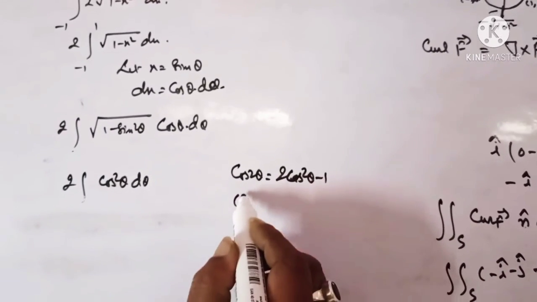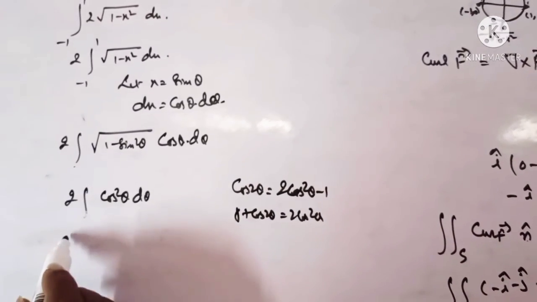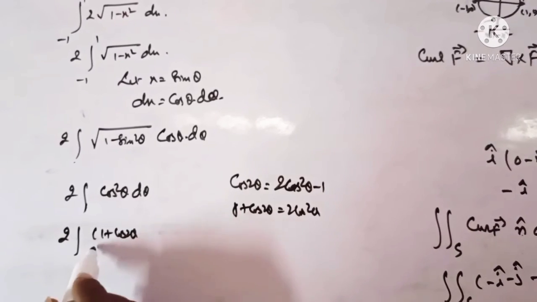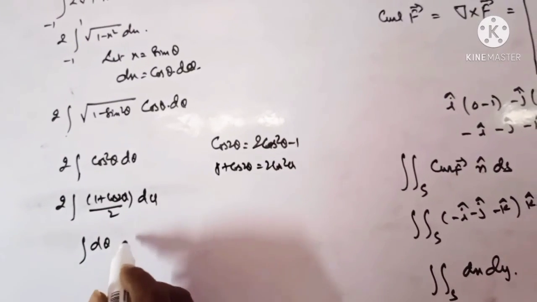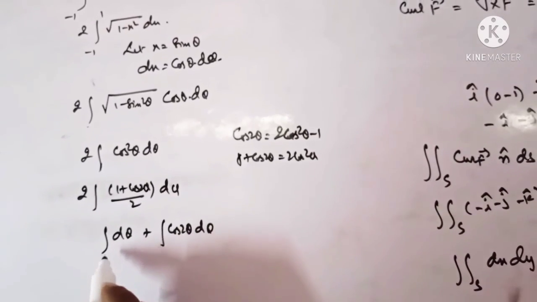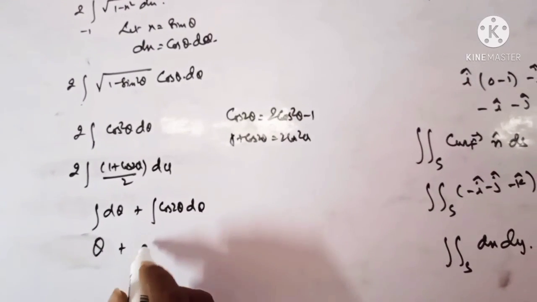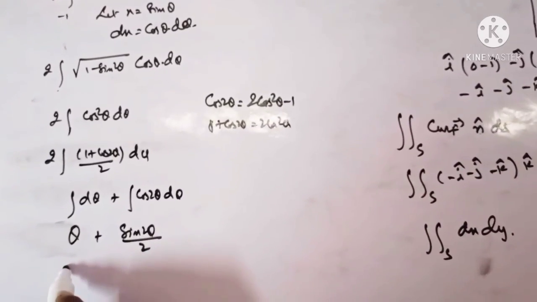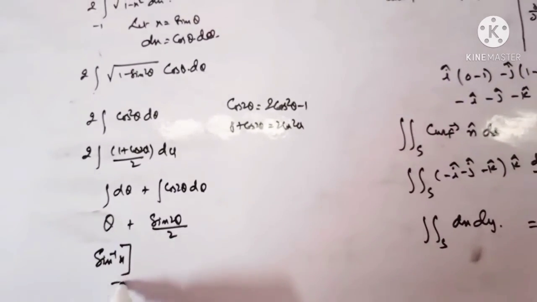So 1 plus cos 2 theta is equal to 2 cos square theta, and cos square theta equals (1 plus cos 2 theta) by 2. Then 2 cancels out, and the integral of 1 plus cos 2 theta d theta is theta plus sine 2 theta by 2. Here theta is sine inverse x, and the limit is from minus 1 to 1.